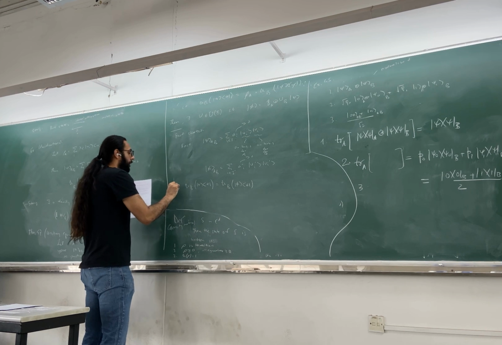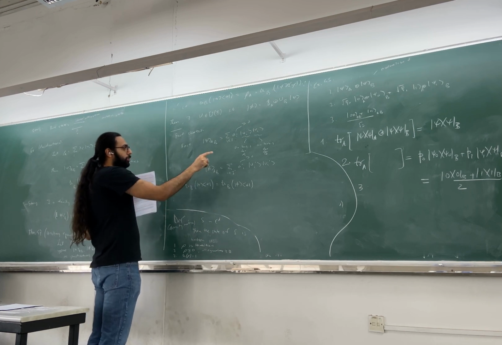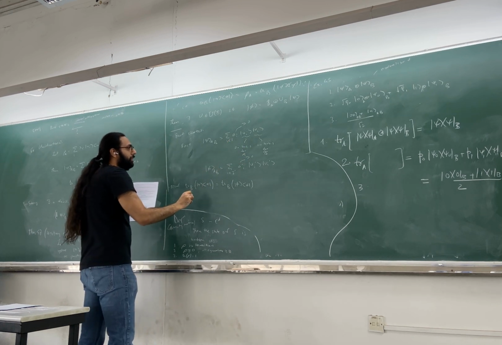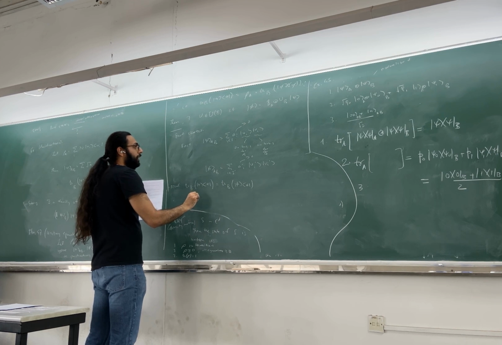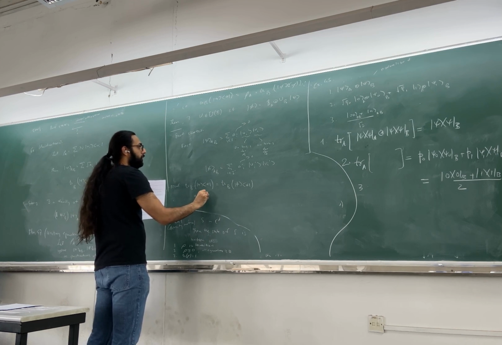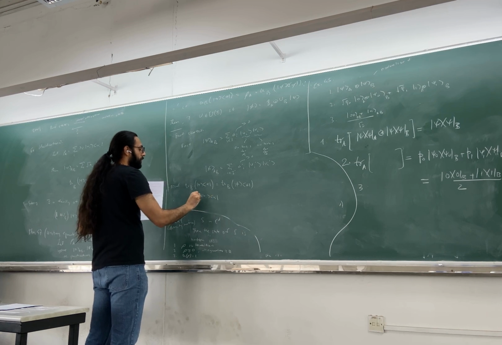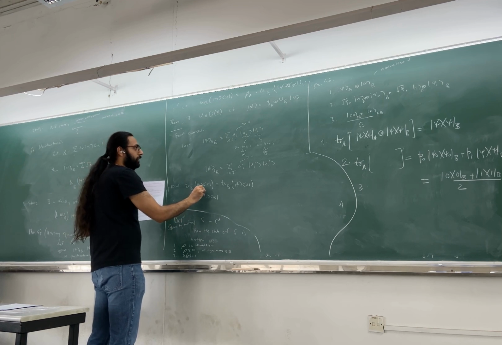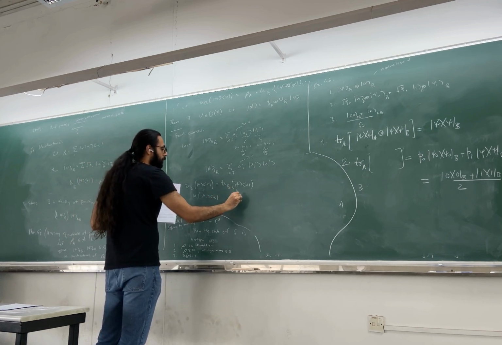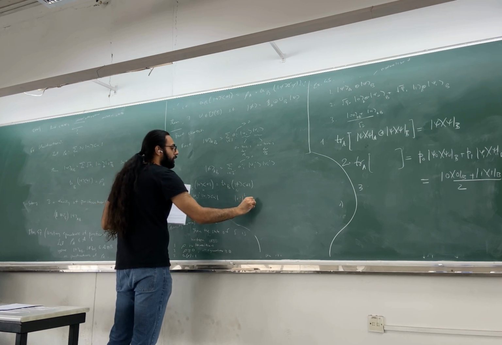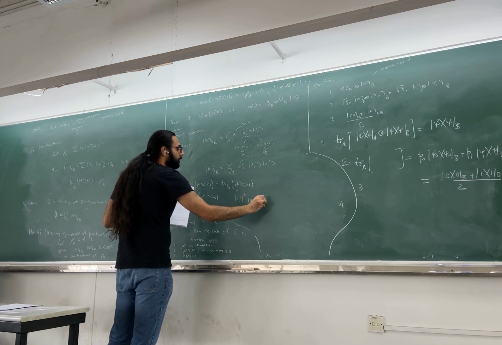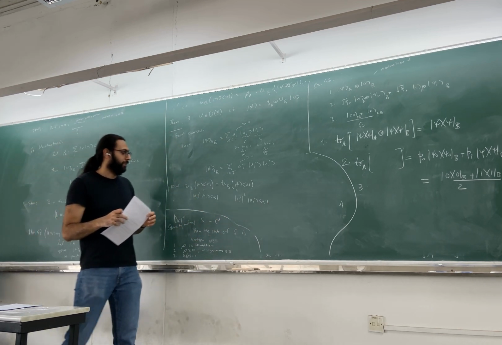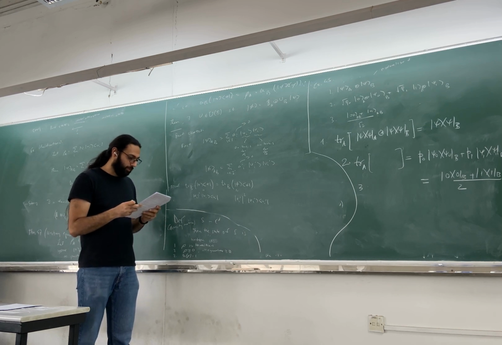So recall, when you write the trace, if you remove the B part, because these are orthonormal bases, what you'll be left with is a_i mod square, u_i, and this would be a_i prime mod square, u_i prime. And then what do we have?